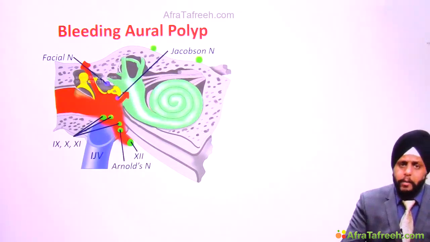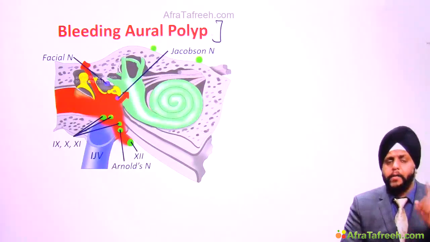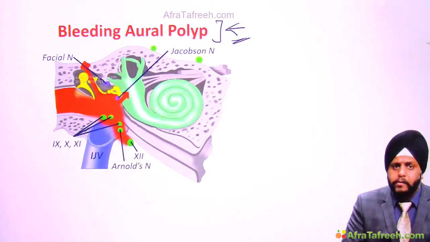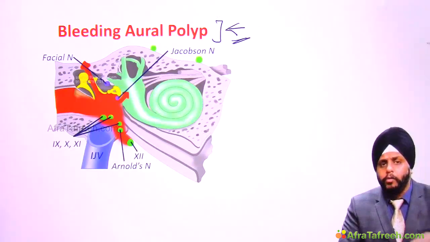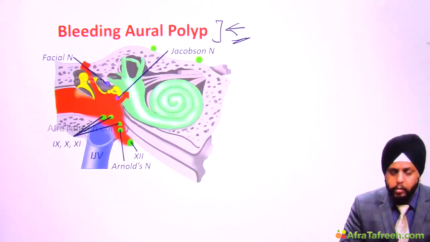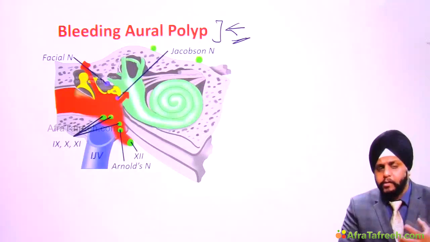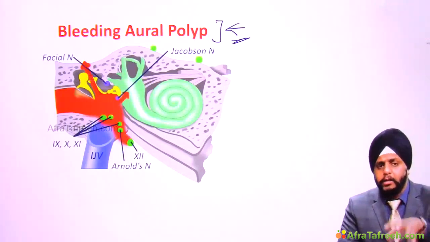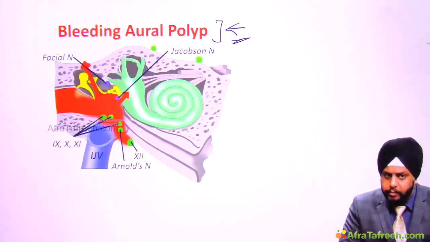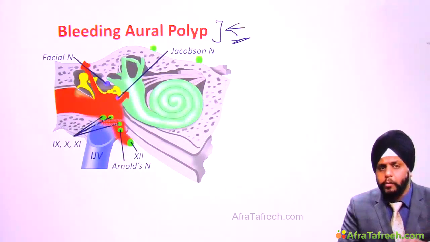First, you must always do a CT scan to find out whether it is glomus, because it can be glomus, a vascular tumor. If you take a biopsy, then you will be in trouble. The patient will be in trouble, so you will also be in trouble.